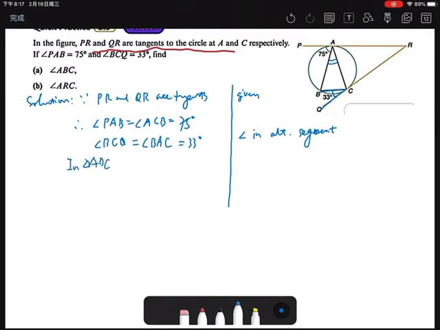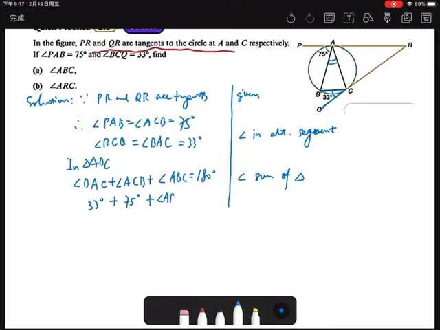After that, in triangle ABC, angle BAC plus angle ACB plus angle ABC equals 180 degrees. The reason is angle sum of triangle.